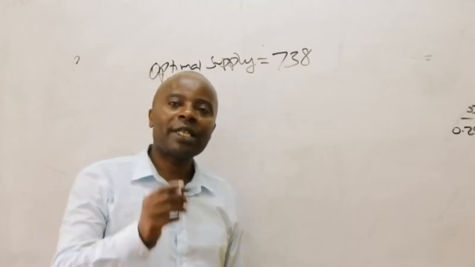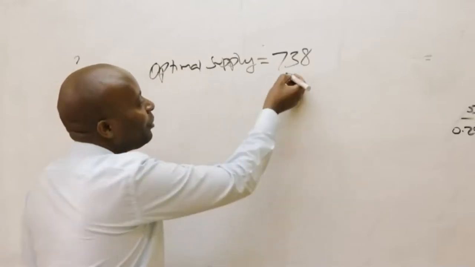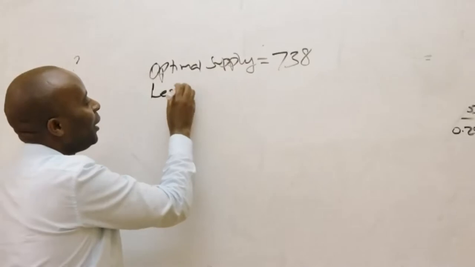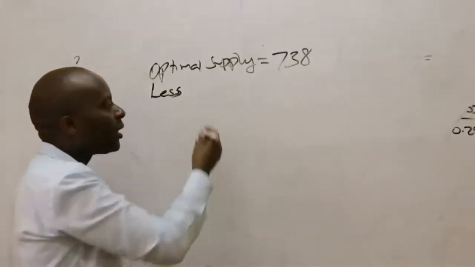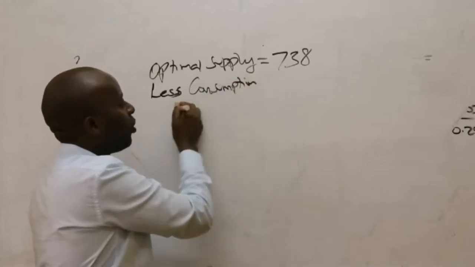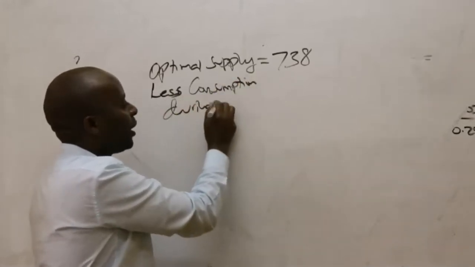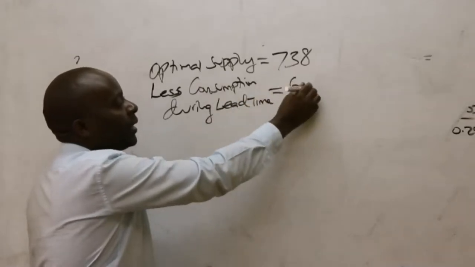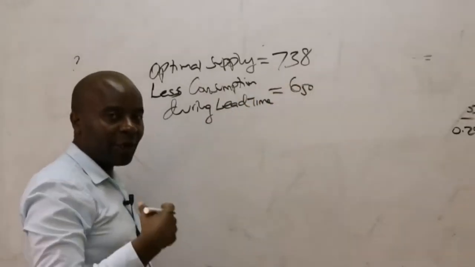So for them to get the safety stock, they need to come here under less the consumption during lead time, which we did in part A, which was 650.